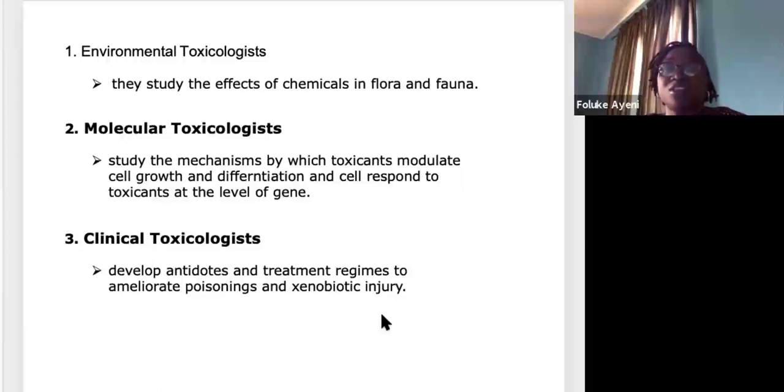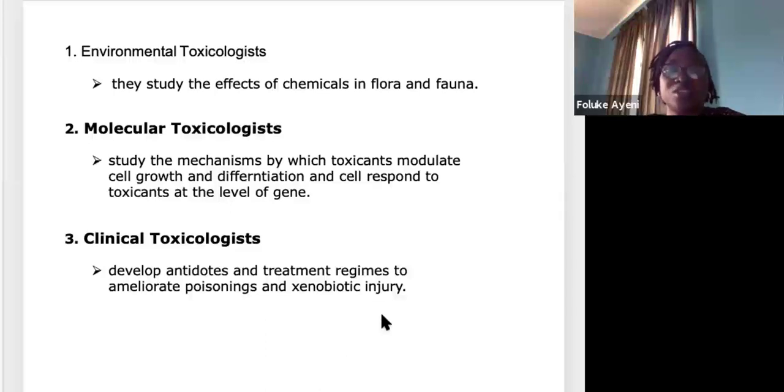Molecular toxicologists study the mechanisms by which toxicants modulate cell growth, how cells differentiate, and how they respond to toxicants at the genetic level. So these are the work of molecular toxicologists. They are also almost always in the lab to observe the effects of certain toxicants on genes and on cells of the body.